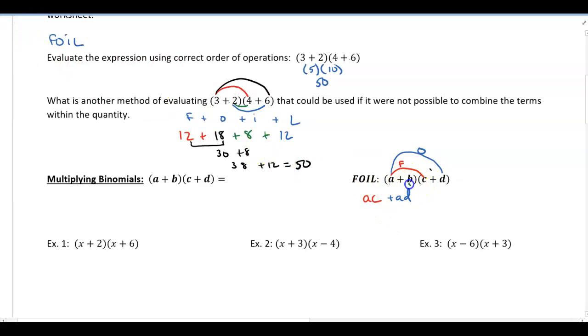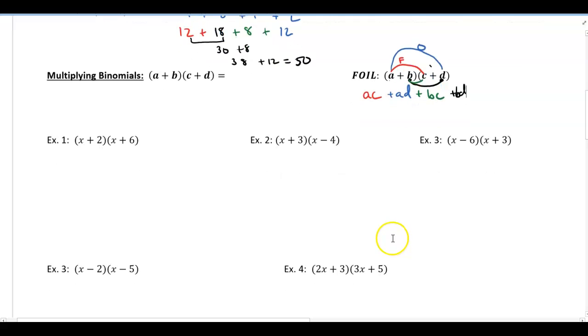Then my inner would be BC because they're the two inner terms. Now when I talk about my last terms, they're referring to the last term in this binomial, B, and the last term in this binomial, D. And what I'm basically doing then is combining like terms.